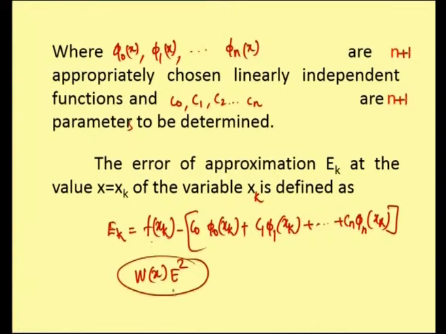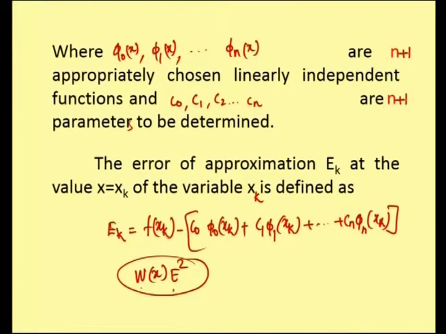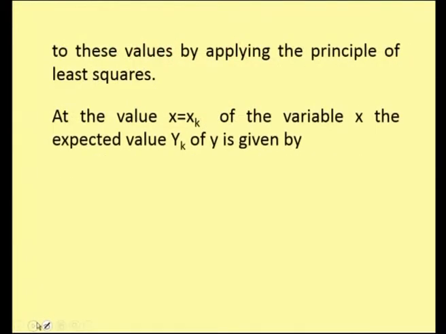In the method of least squares, we found that E is equal to the summation of the function minus the straight line, or whatever the given equation is, whole square, made minimum. Here it is given a weightage as w of x into e square for a given domain D is minimum. So, we can find the normal equations for these values by applying the principle of least squares.